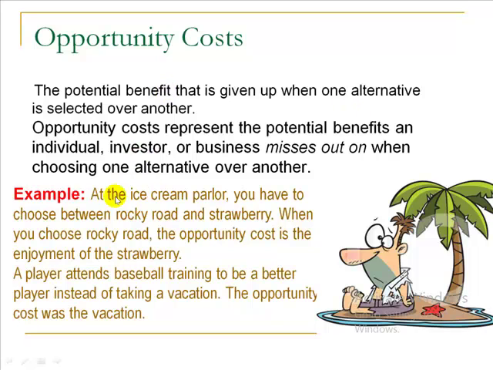Now let's make it clear. At the ice cream parlor, you have to choose between Rocky Road and Strawberry. When you choose Rocky Road, the opportunity cost is the enjoyment of strawberry.